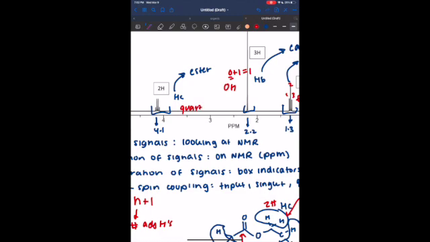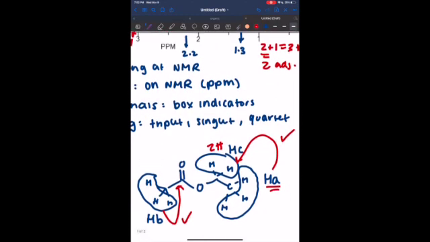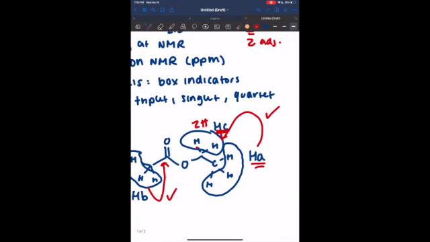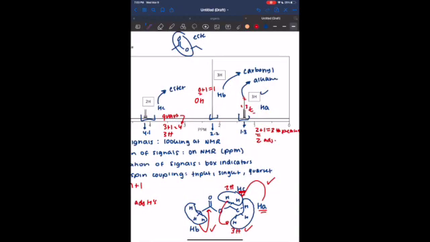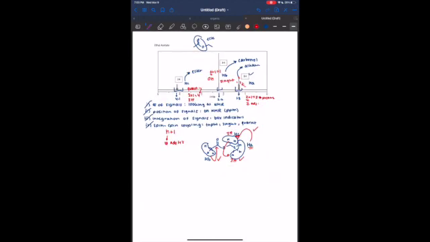So we know that 3 plus 1 equals 4, which is the quartet. So we know there's going to be 3 neighboring hydrogens. We can see here that this is HC, and there are 3 neighboring hydrogens, which check out very nicely. In case I didn't say so, this is the triplet, this is actually a singlet, and this is the quartet, and these are all based on the amount of peaks.